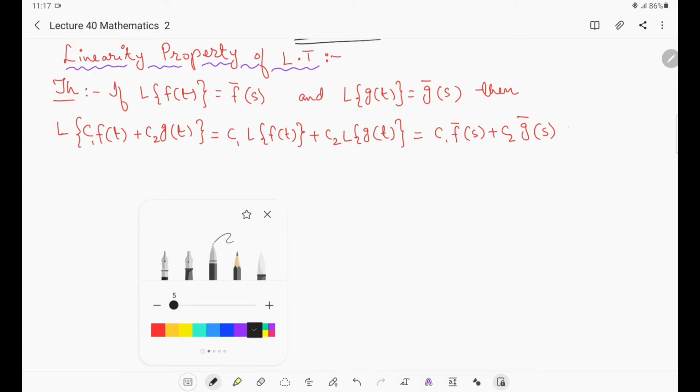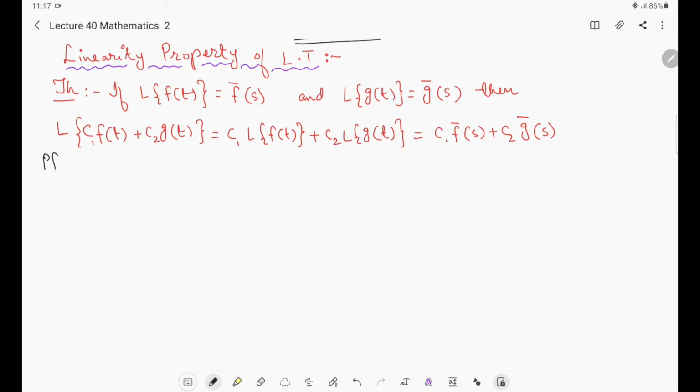This is what the linearity property says.